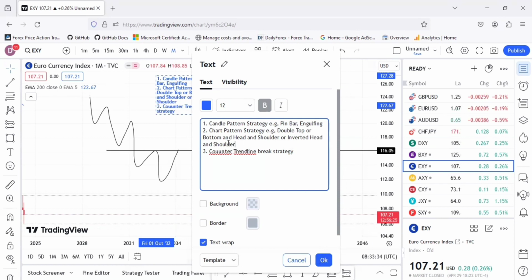Double top or double bottom, and then we look at head and shoulder or inverted head and shoulder.